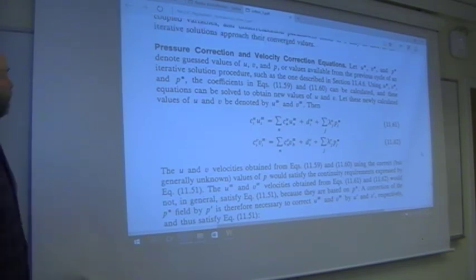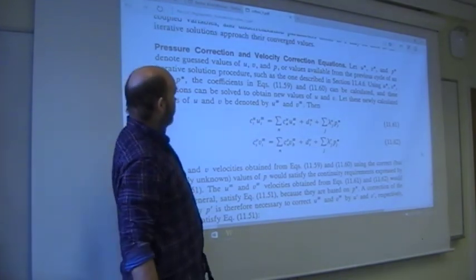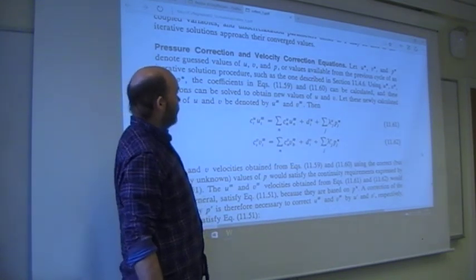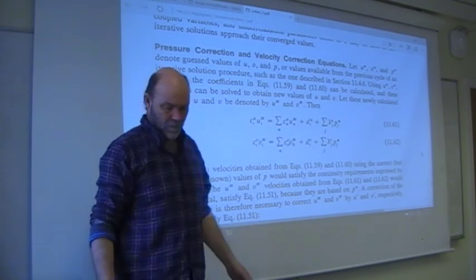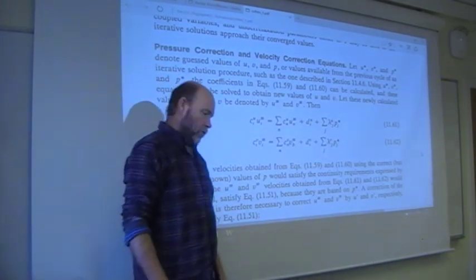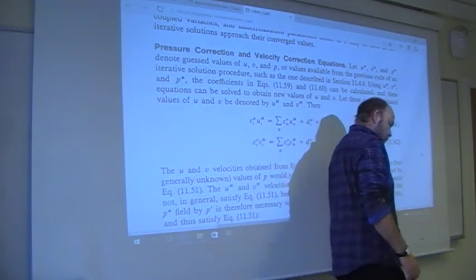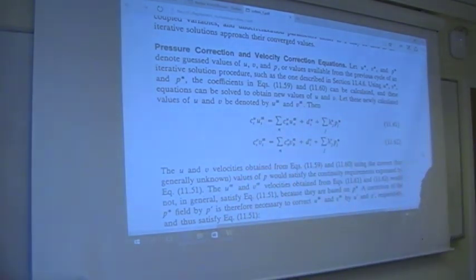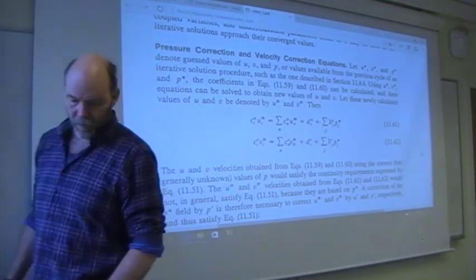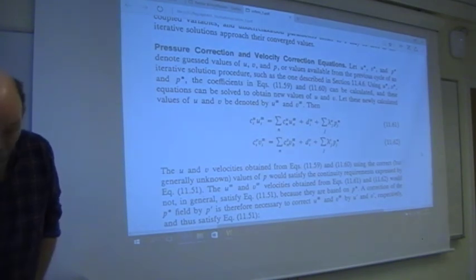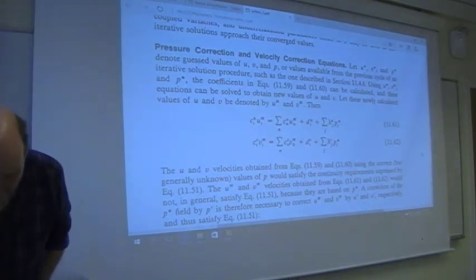So here we are talking pressure correction and velocity correction equations, because here it's unavoidable. You will end up with an algebraic equation system which can't be solved. You mix velocities and pressure together, so some way along the line you have to use an additional equation to solve the problem, and then of course continuity.